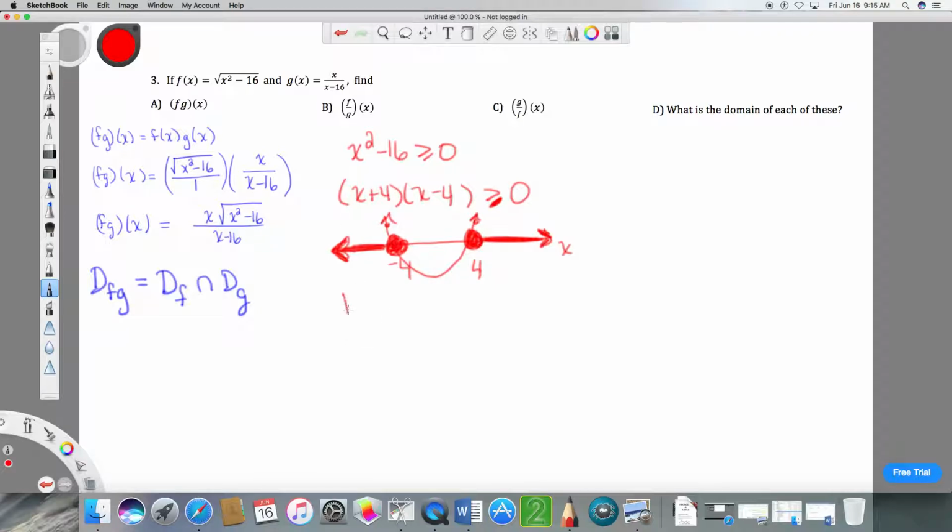So the domain for this function f is all real numbers up to -4, including -4, but excluding all of the real numbers between -4 and +4, and then to include 4 to infinity. All right.